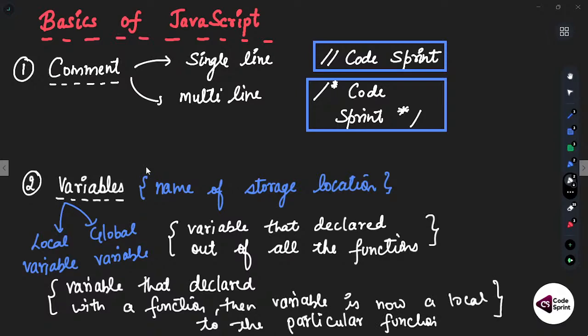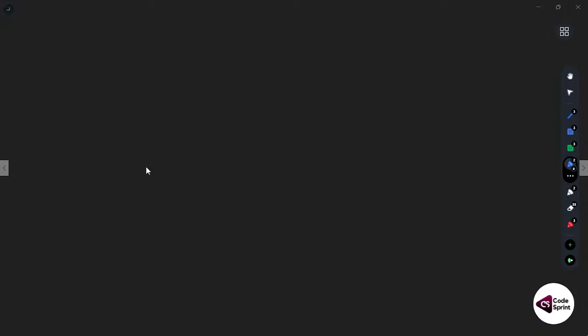Okay, now let's quickly see the rules for how we can name our variables. So what are the rules? Simply you can use A to Z in lowercase or uppercase. Even you can use numbers, but they should come after a letter or a character. How? Just quickly write that.